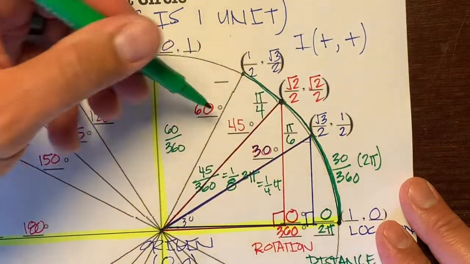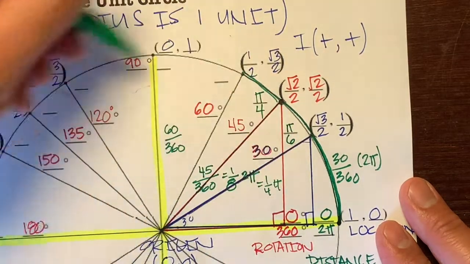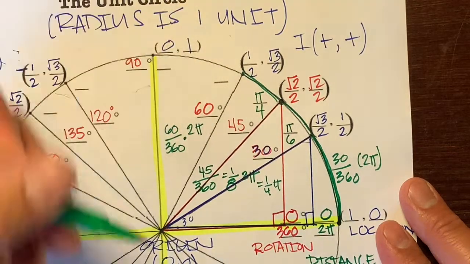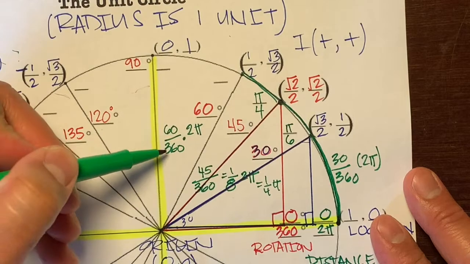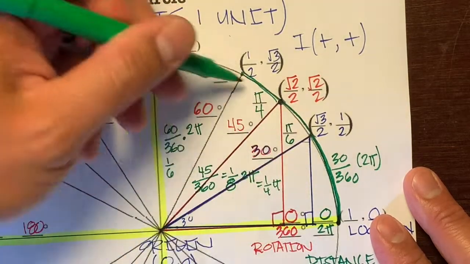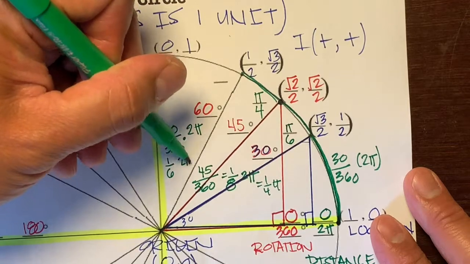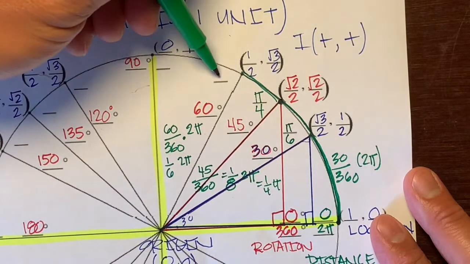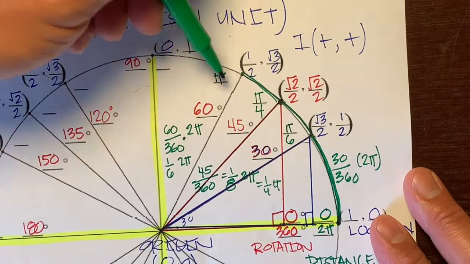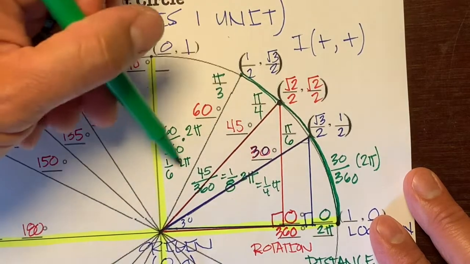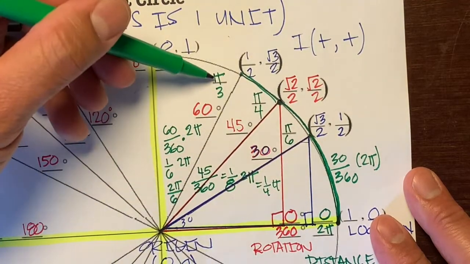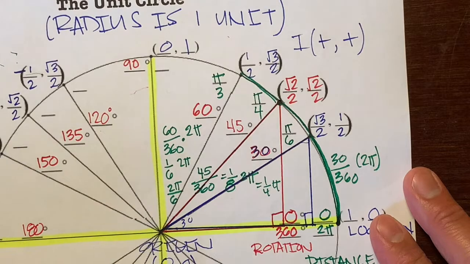So 60 out of 360 of the entire circle, which is 2 pi. 60 out of 360 is 1/6 of the way, times 2 pi, which is 1/3 pi, or pi over 3. If we simplify, this would be 2 pi over 6, and that turns into pi over 3.